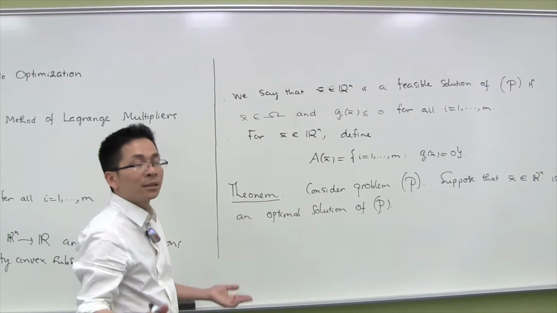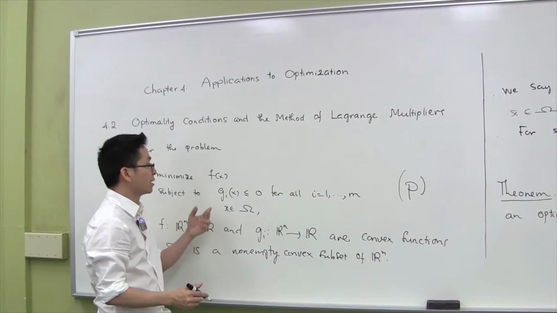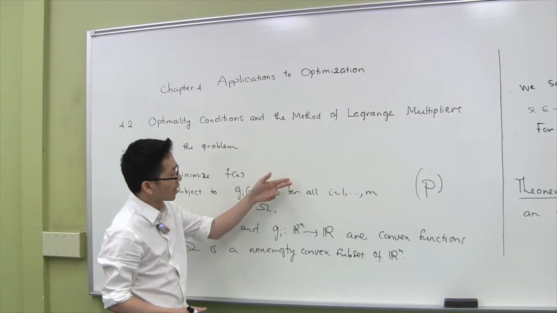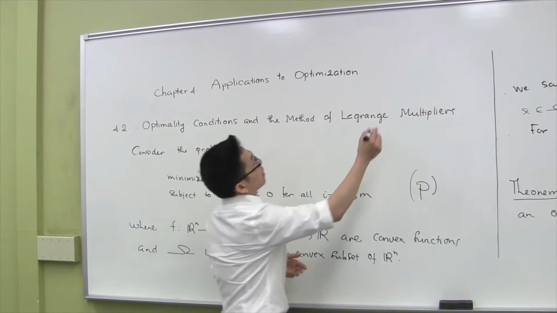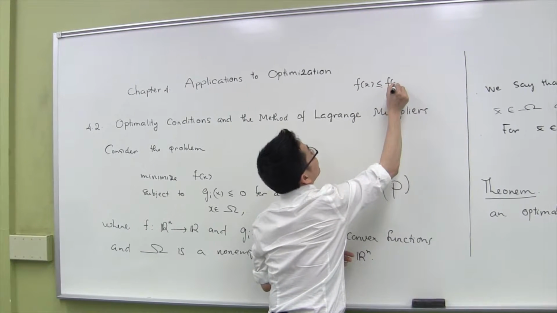It means that x bar satisfies the constraint here, and for any x that satisfies this constraint, f of x bar is less than or equal to f of x.